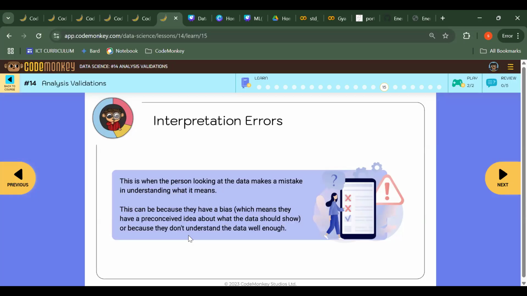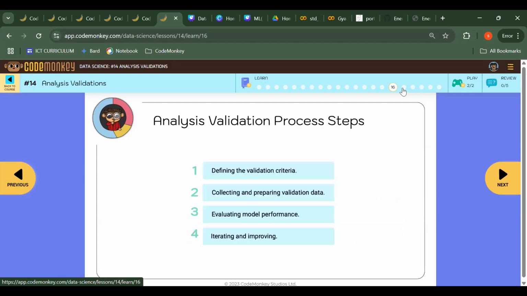Okay. In summary, in conclusion, data interpretation and sampling errors are the key points.